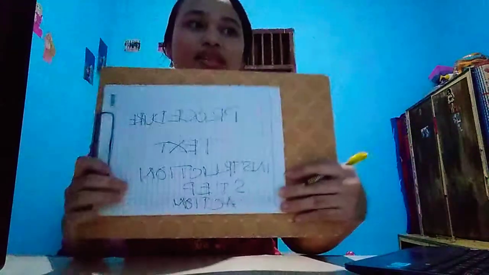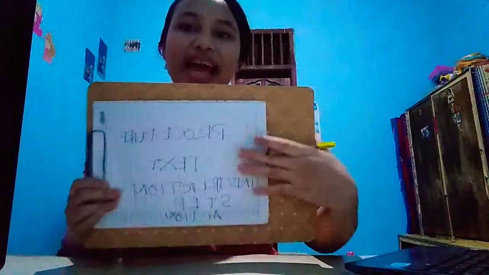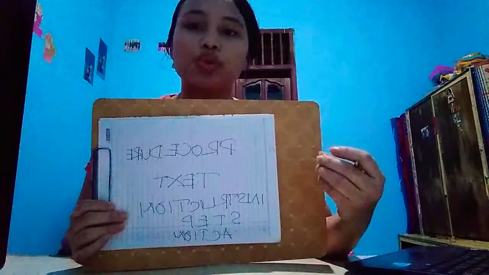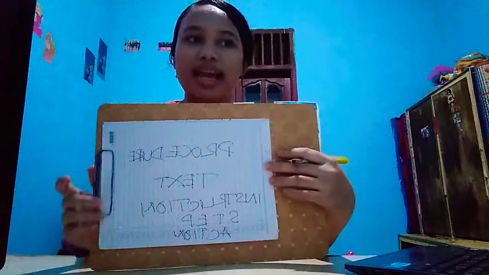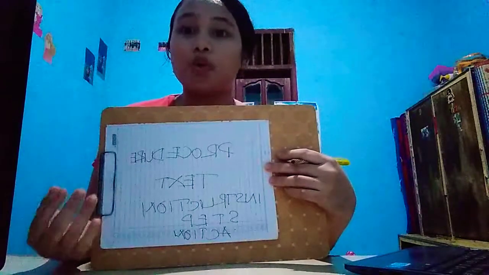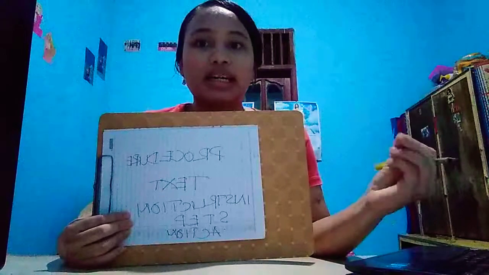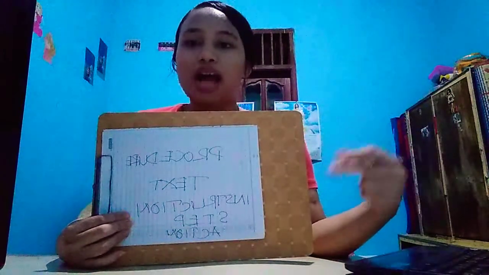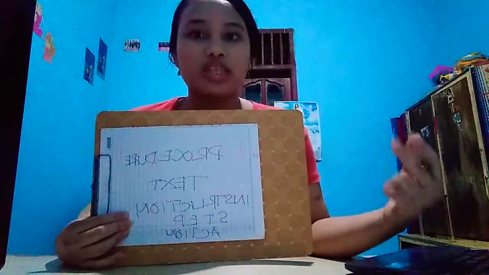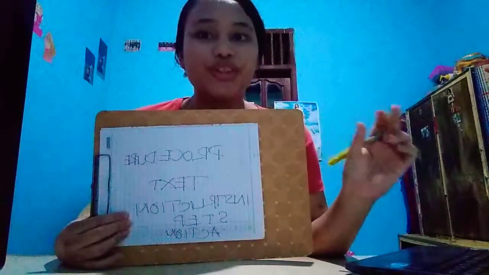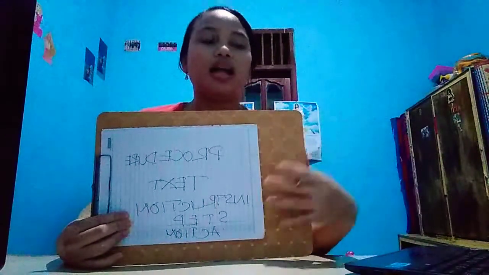And it usually starts with the words "how to." Yes, the procedure text usually starts from how to, for example, how to make a cup of coffee, or how to make a cup of tea, or how to use the computer.